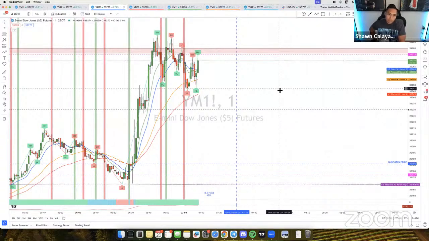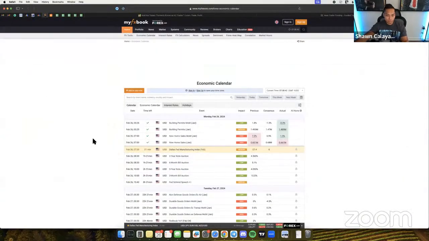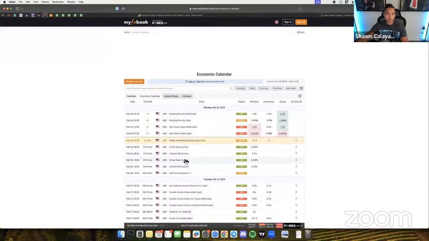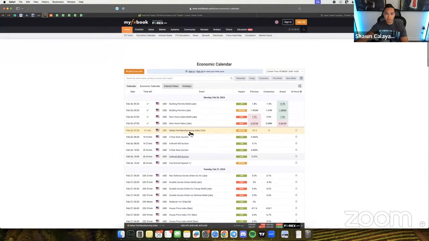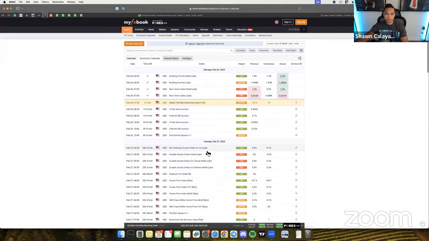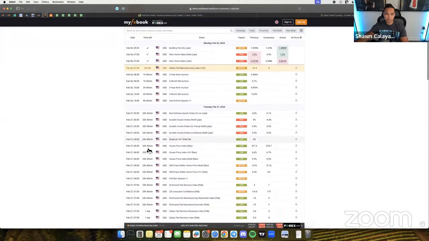Again, today's market is just not what I was expecting for a Monday. I was expecting a lot more volatility, especially because of the news this morning. So for the news this morning, we have more news at 7 o'clock, which is the Dallas Fed Manufacturing Index, some inflation news right there. The 2-year note auction, this is pretty much just flat news that happens every month. But I was thinking because of the new home sales, we'd have some more volatility. We didn't really have very much. Tomorrow we have more news pre-market.